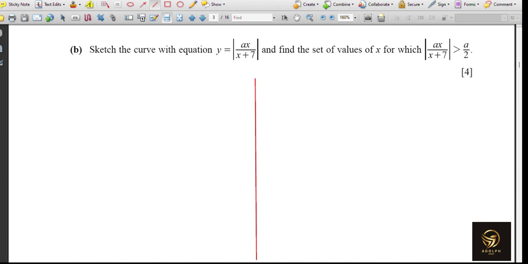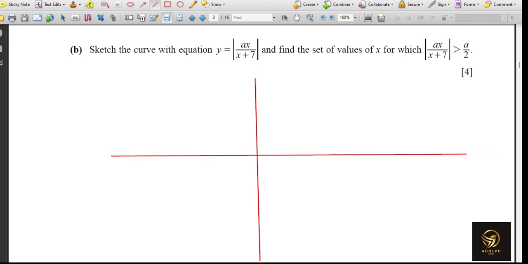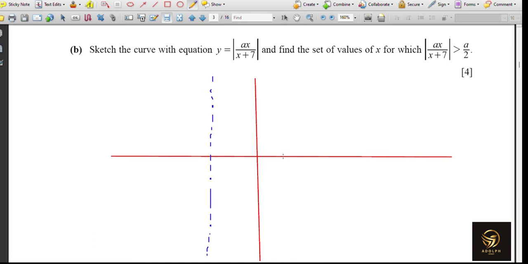To draw the curve, what are the rules we have to draw a modulus function? The first thing, we will draw the asymptotes first. So this is the asymptote and this is the asymptote.